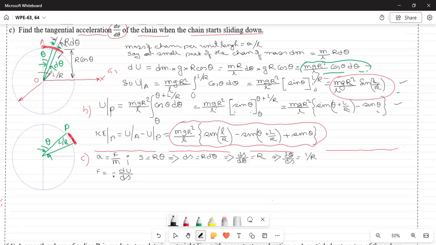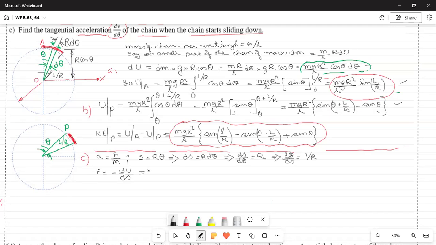Why the negative sign? Remember, if the displacement is in the direction of the force, then work is done by the force. As a result, the potential energy of the body decreases, right? So if force is equal to minus du ds, I have to convert this into d theta ds.